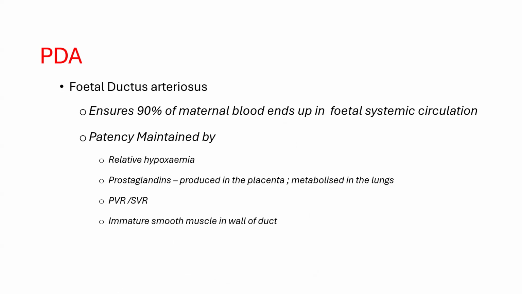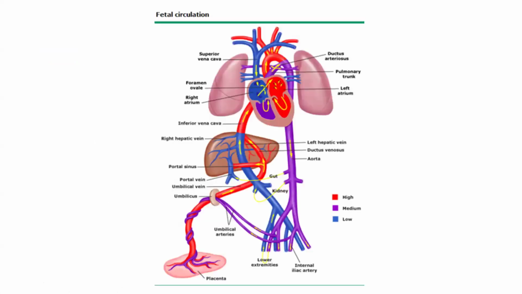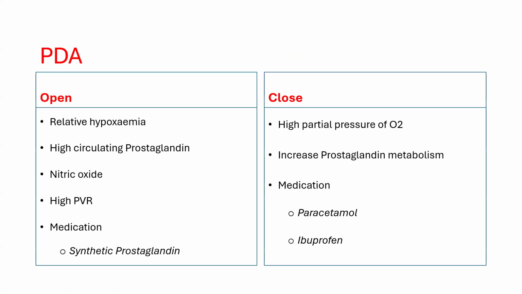The fetal duct is maintained by relative hypoxemia, like I said previously, the prostaglandins, and the fact that the walls of the fetal duct are immature, so they're able to also respond to oxygenation. I've talked about this already, so I'll leave it.